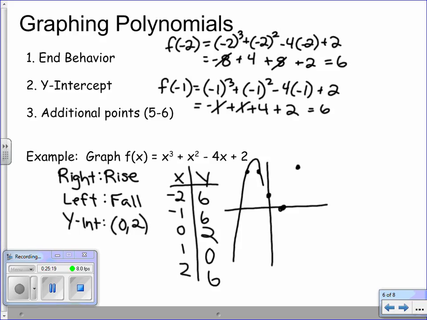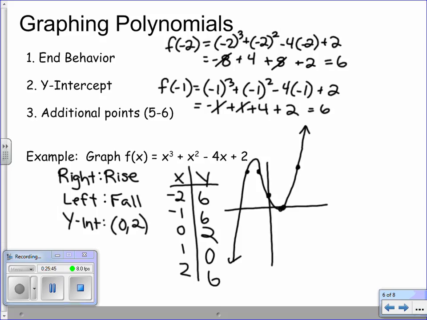And then it's going to go through my y-intercept, hit that other point, and my right side should do what? Rise. Does this picture follow what my end behavior says? Yeah, my right side rises, my left side falls, and it goes through all the points. So that's a sketch of the polynomial.